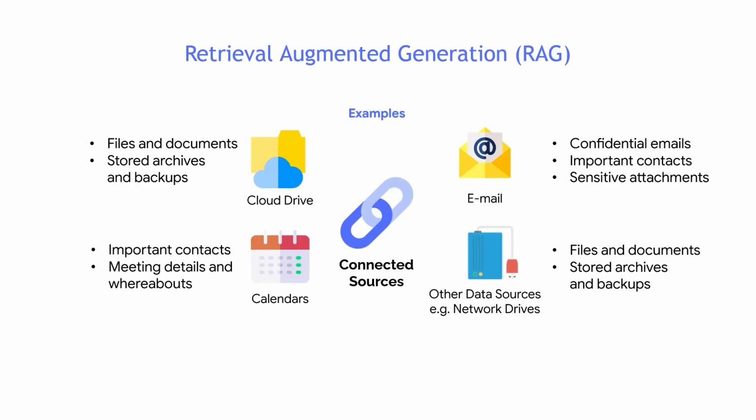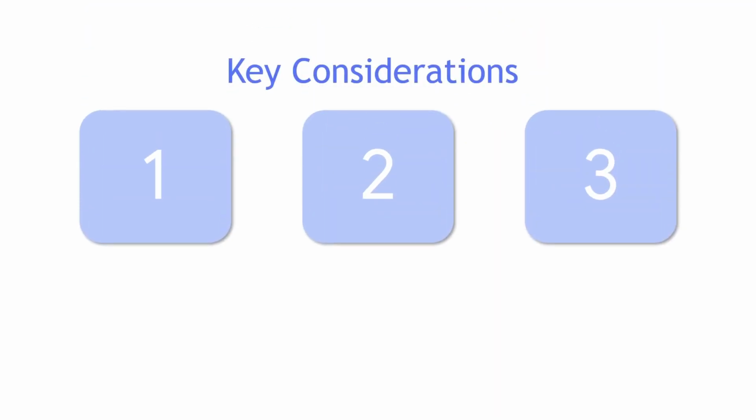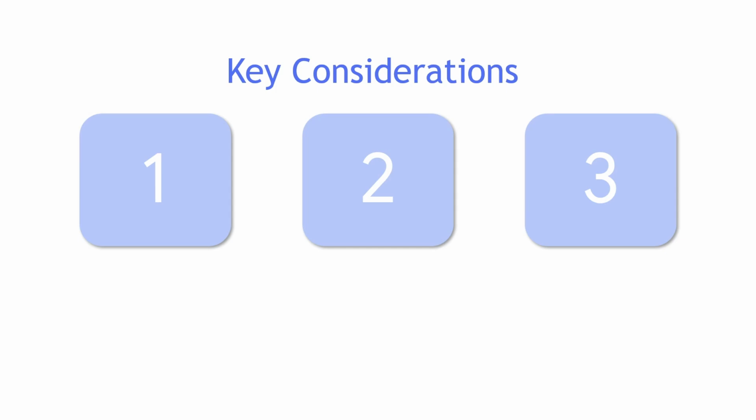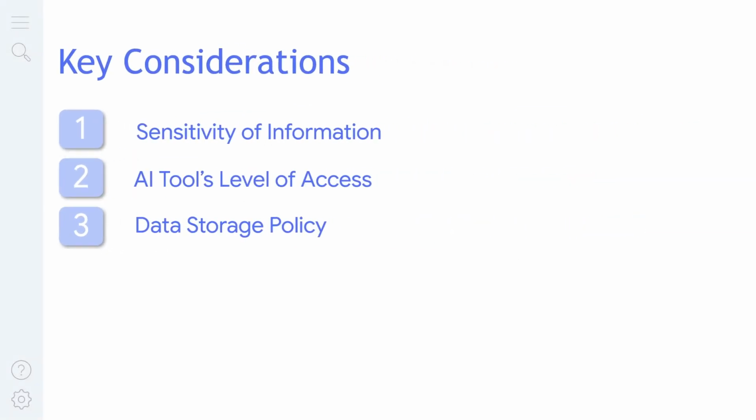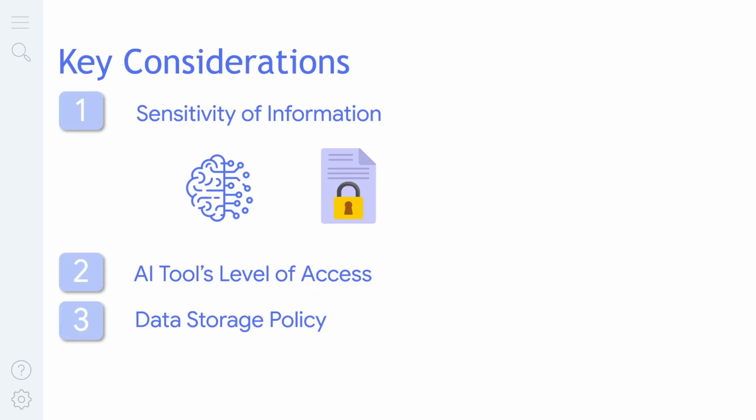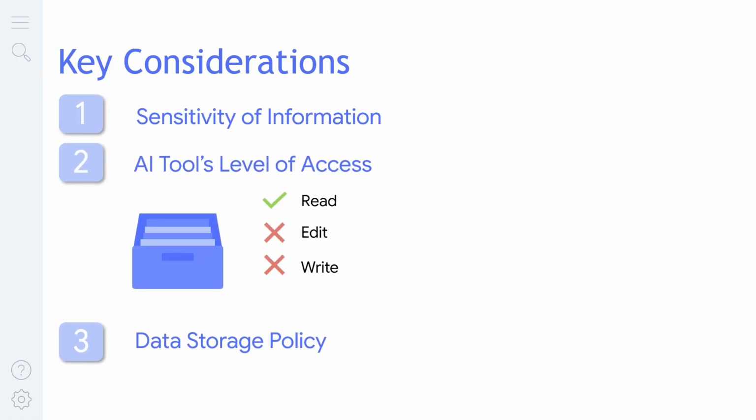Before connecting any personal account to an AI tool, ask yourself 3 questions. First, what is the most sensitive information in this account? And am I comfortable with the AI having access to it? Second, is the connection read-only, or can the AI also send, delete, or modify things on my behalf?